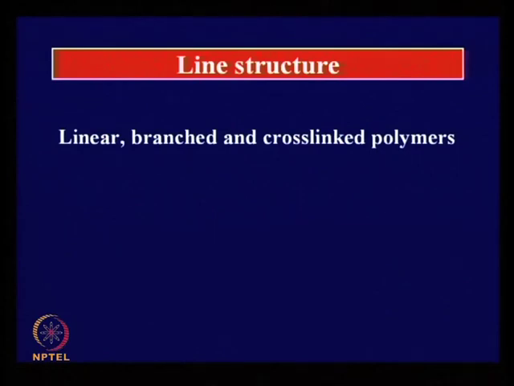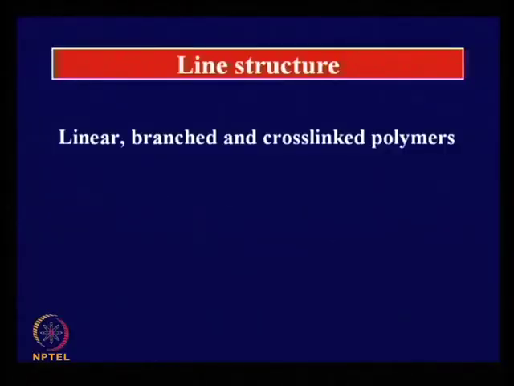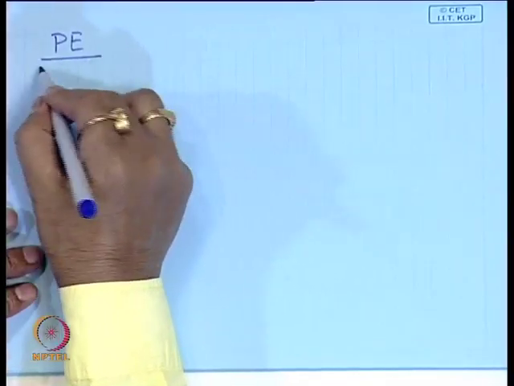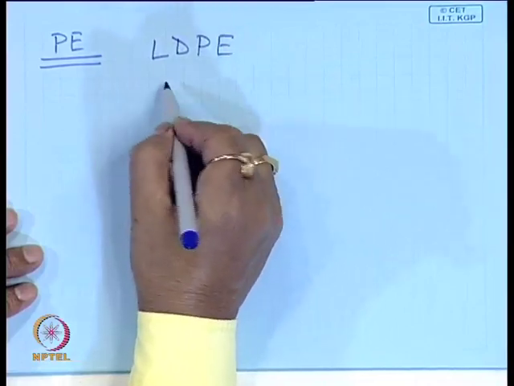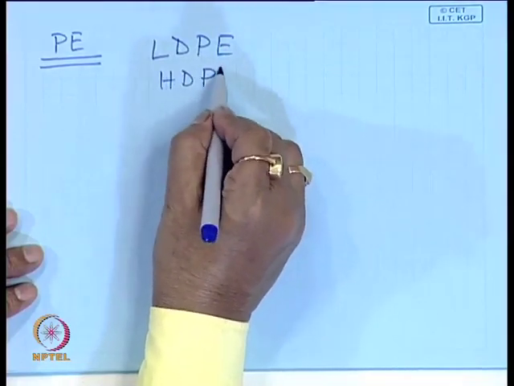Then classification on the basis of line structure. The polymer can be of linear structure, branched structure and cross-linked polymers. I have already explained these classes. For example, take polyethylene: I told you LDPE and HDPE, two grades.